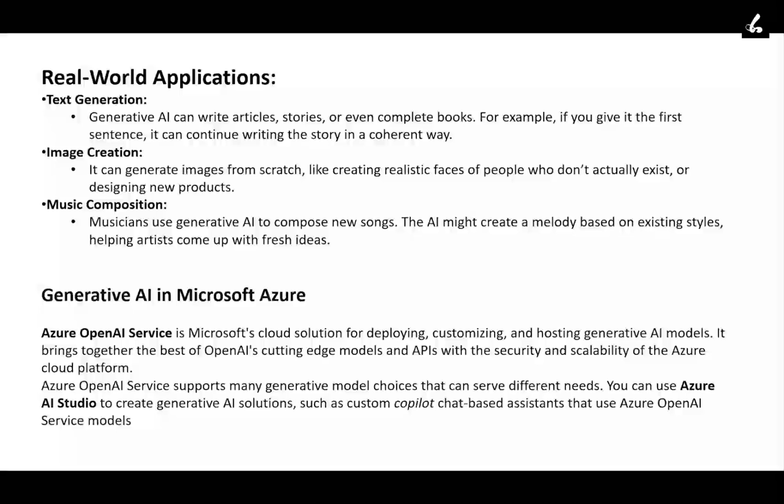A very practical example: if we go to ChatGPT and give a prompt like, create a story about a person who faced failure for so long, but after a while succeeded. We are giving just a one-sentence prompt to ChatGPT, but it can write a detailed story about that particular sentence.